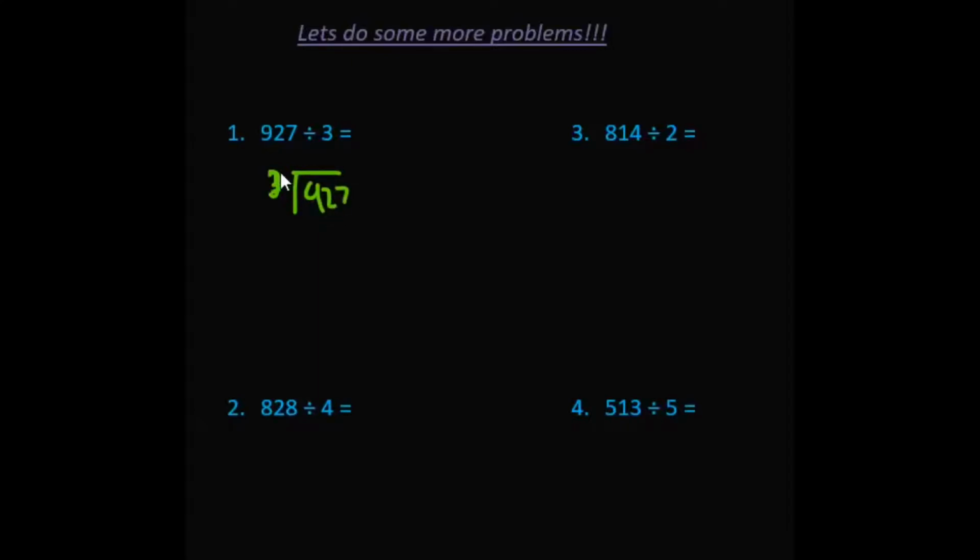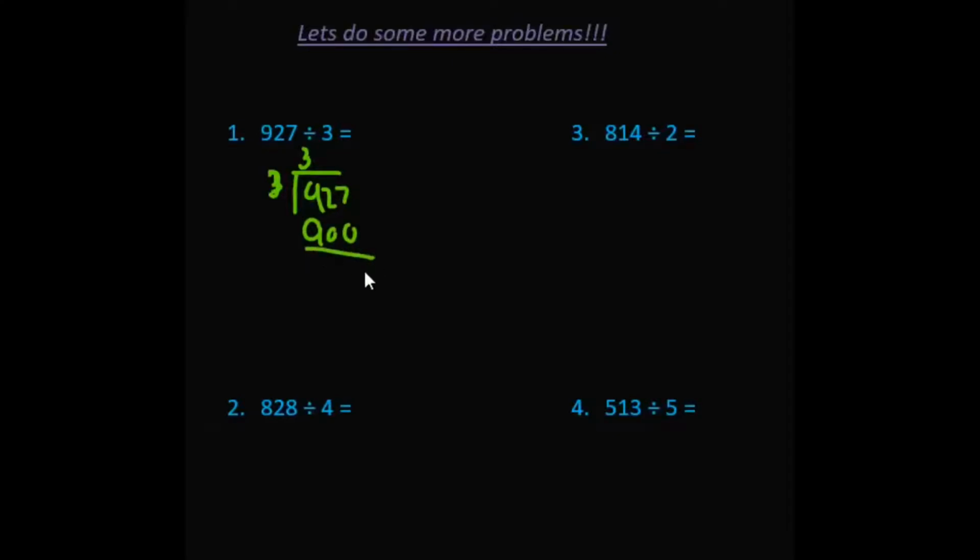27. Okay, 3 goes into 9 3 times. Should know that. Okay, and then 927. Oops, no, 900, not 927. I don't know why I wrote 927 again, but it's 900.